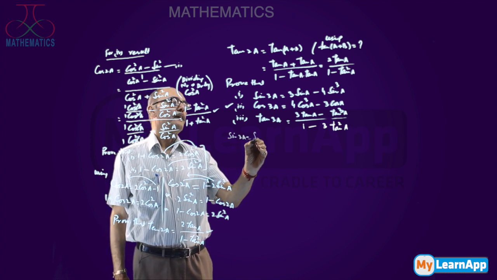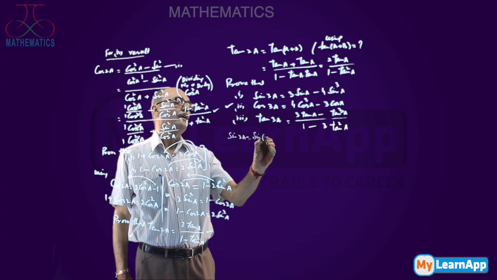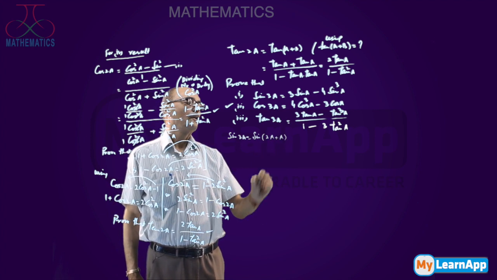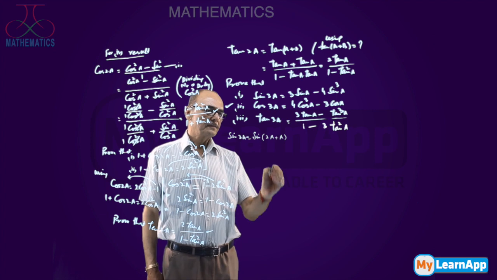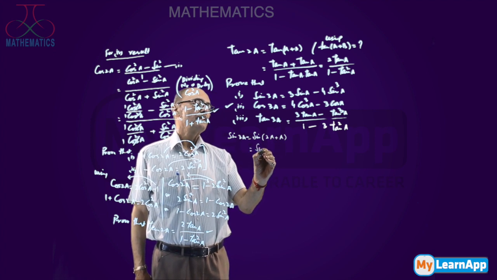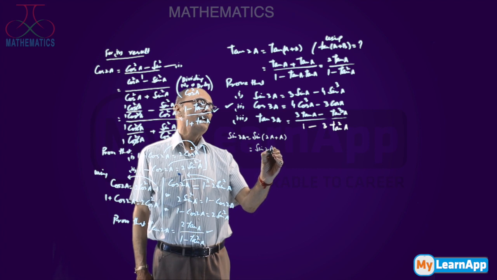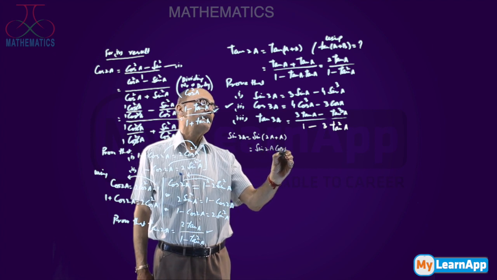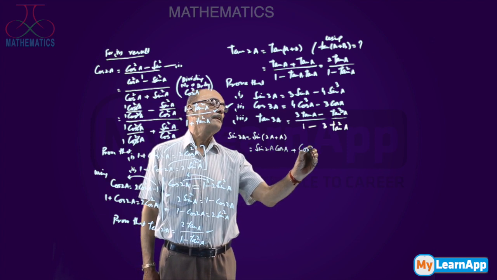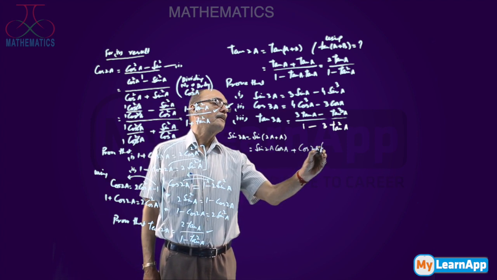This can be written as sine of 2A plus A. We are familiar with the result of sine of A plus B. Apply sine of the first angle, cos of the second angle, plus cos of the first angle, sine of the second angle.